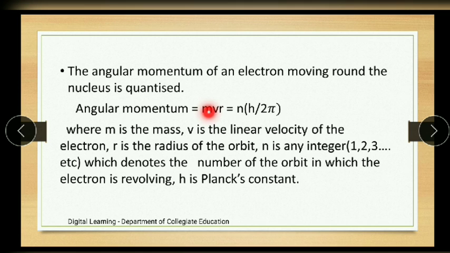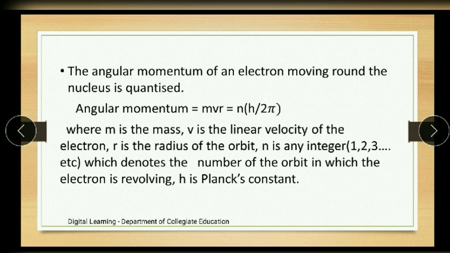That is, mvr equals nh by 2 pi, where m is the mass of the electron, v is the linear velocity of the electron, r is the radius of the orbit, n is any integer denoting the number of the orbit in which the electron is revolving, and h is Planck's constant.